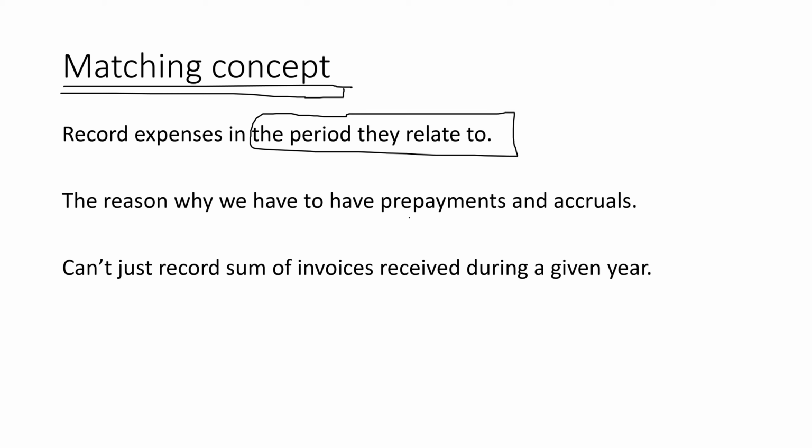And it's the reason why we have prepayments and accruals in the first place, because we need to make adjustments to ensure that we're recording all the expense that's related to a given period and removing any expense that isn't. So sometimes this works, but you can't just record the sum of the invoices received during a given year.